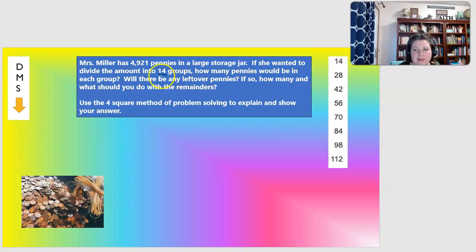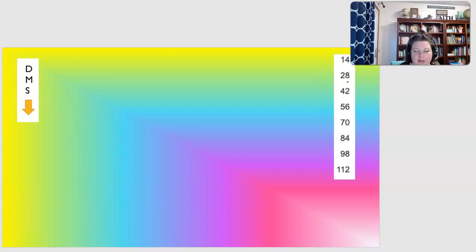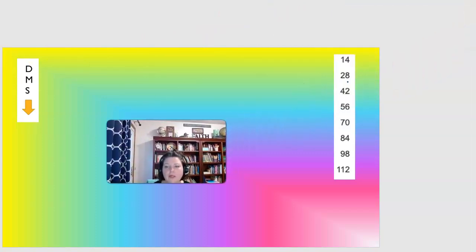So if I was skip counting by 14 groups, making sure I have done this ahead of time will make sure that I am set up for success for this problem. So I'm going to use my whiteboard tools to show how to solve this problem.